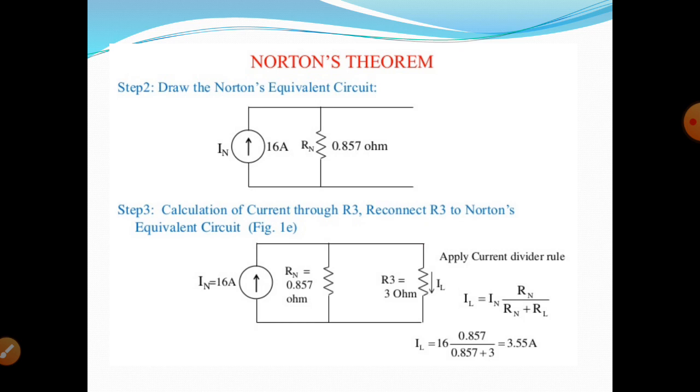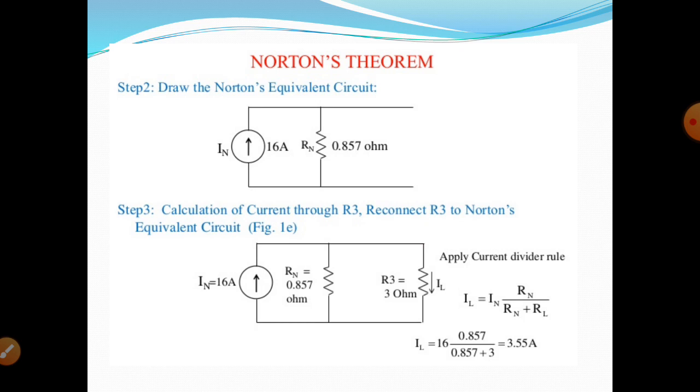And this is the Norton's equivalent circuit. IN is in parallel with RN. And finally we calculate the current through R3 by applying the current divider rule. IL is equal to IN into RN divided by RN plus RL. RL is nothing but the load resistor.